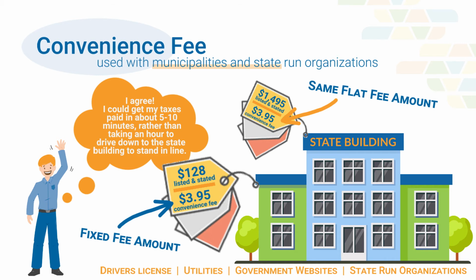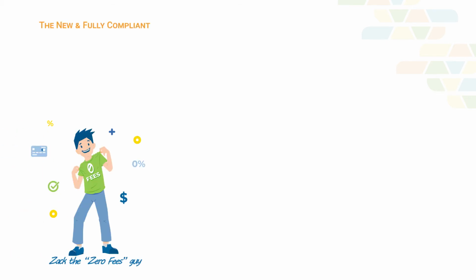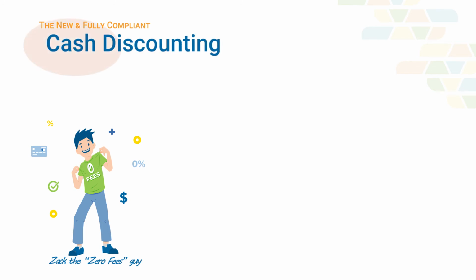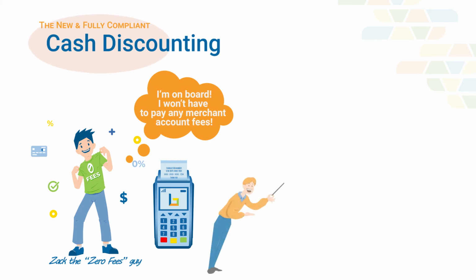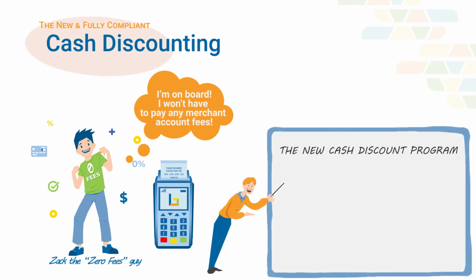And that brings us back to the emergence of the modern day cash discounting program that I mentioned earlier. With the increase in demand for surcharging programs in general, payment processing companies have developed proprietary software that legally complies with cash discount programs as set forth by the Visa and MasterCard associations and state laws, but they act like surcharge programs.